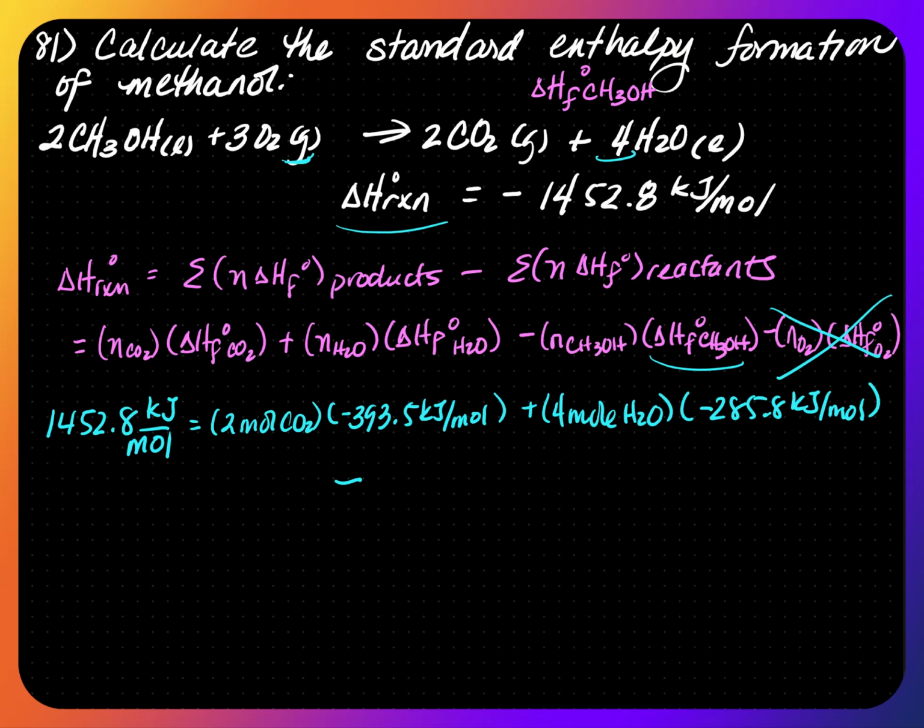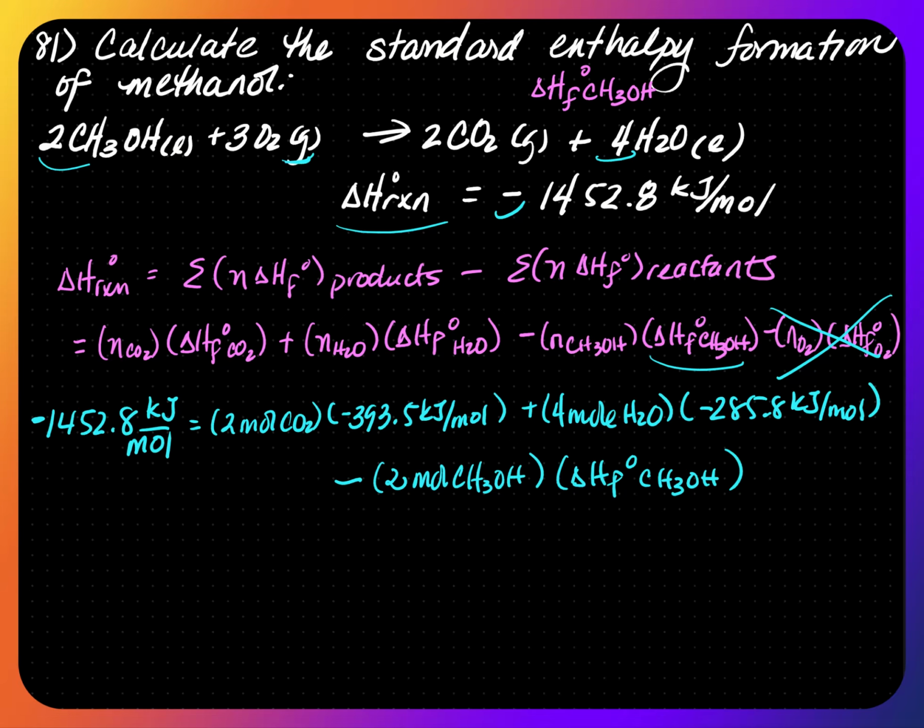This is minus the number of moles of methanol, which is 2. So this is going to be 2 moles of methanol. And we are looking for the heat of formation of that. So delta HF naught of CH3OH. Make sure you put the negative sign. I forgot to copy the negative sign through. Here, we do not have to divide by 2 for the delta H reaction because it is for this entire reaction.